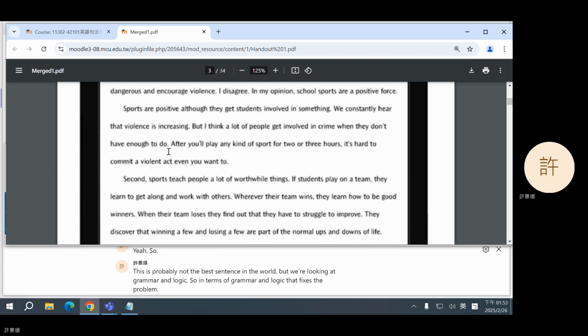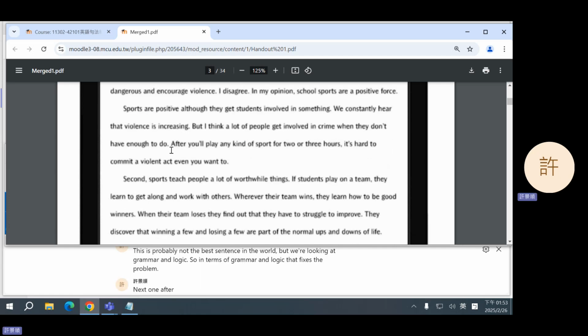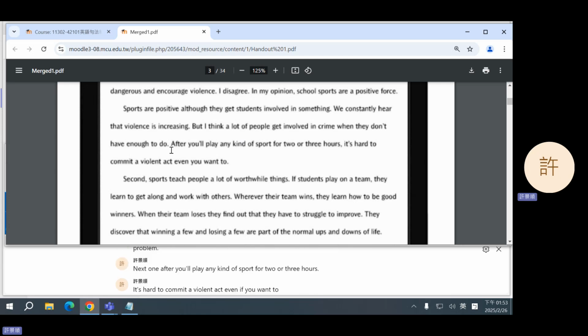Next one. After you'll play any kind of sport for 2 or 3 hours, it's hard to commit a violent act even if you want to. What's wrong with this sentence? Li Kaichen.